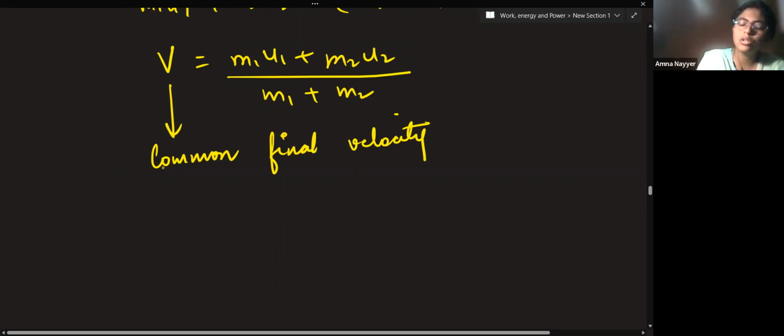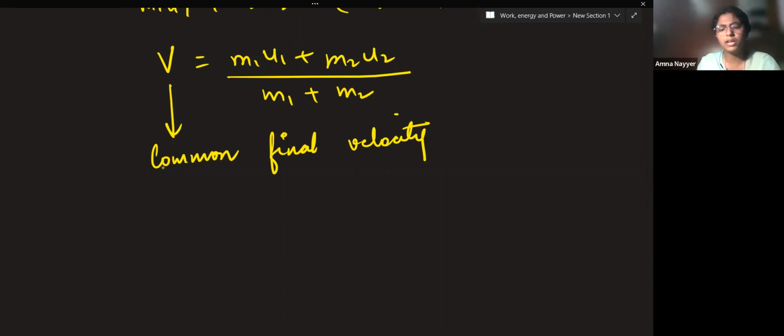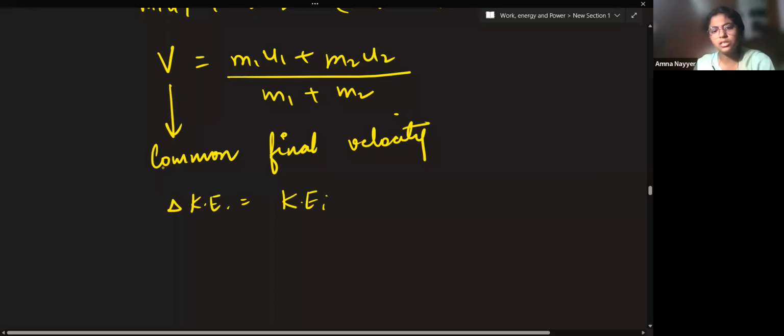Fine. So loss of kinetic energy, if you want to calculate, same thing. Loss of kinetic energy will be calculated the same way we calculated it for the elastic collision. Whatever is the kinetic energy initial minus kinetic energy final. Now, why not final minus initial? We wrote it as initial minus final because this is the loss in kinetic energy.